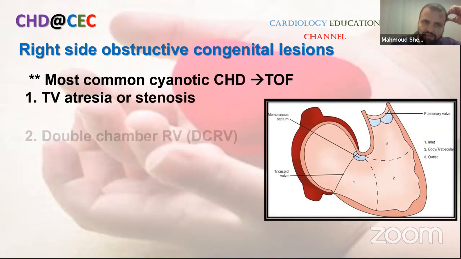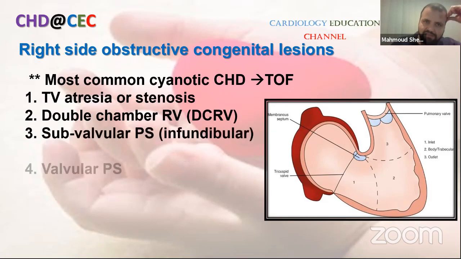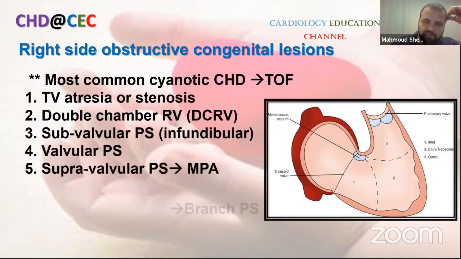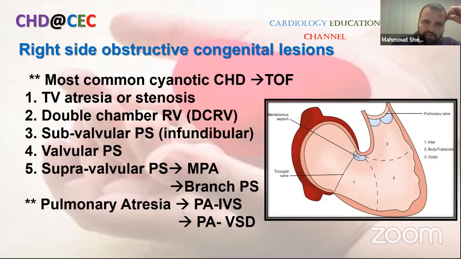So starting from the inflow to outflow, we have tricuspid atresia and stenosis, double chamber RV, and pulmonary stenosis from subvalvular or infundibular pulmonary stenosis, valvular pulmonary stenosis, and supravalvular pulmonary stenosis, which may affect the main pulmonary artery or the branch pulmonary arteries.